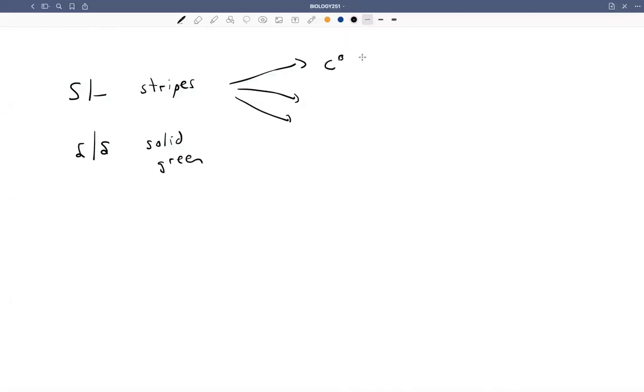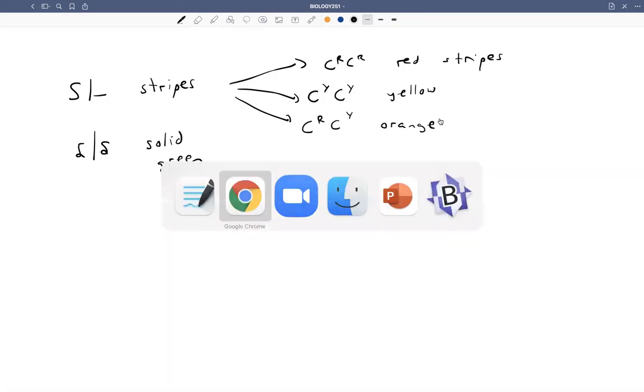So here we had the possibility of red stripes, yellow stripes, and orange stripes. C-R-C-Y, orange. So maybe a little bit more complicated here. Two genes, only two alleles each, so maybe a little more manageable.